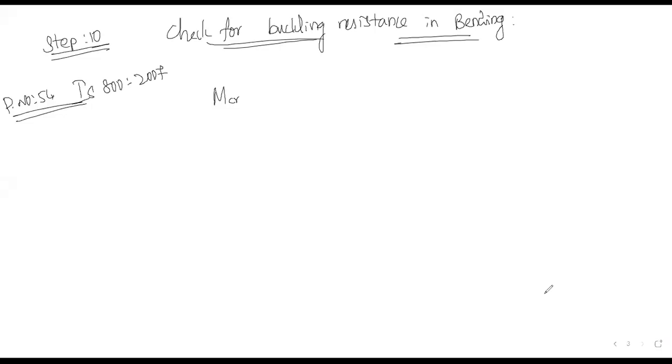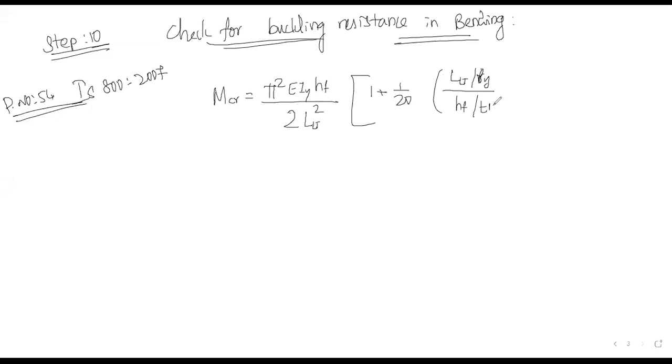So MCR is equal to pi squared EIy into hf divided by 2 into LLT the whole square into 1 plus 1 by 20 into LLT divided by ry divided by hf divided by tf, the whole square power 0.5. So the E value I am going to take as 2 into 10 to the power 5 Newton per mm square.